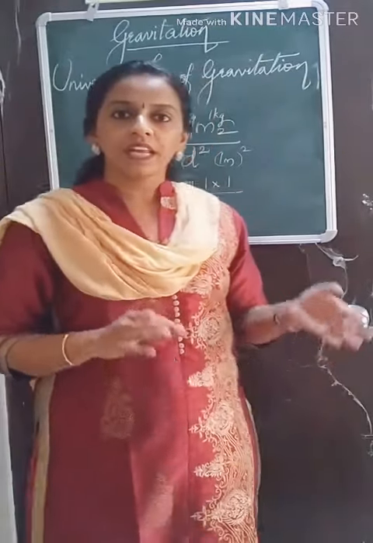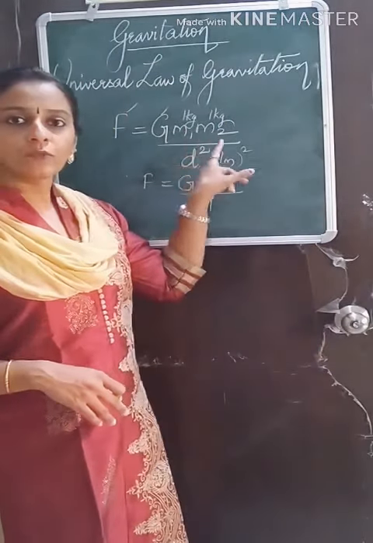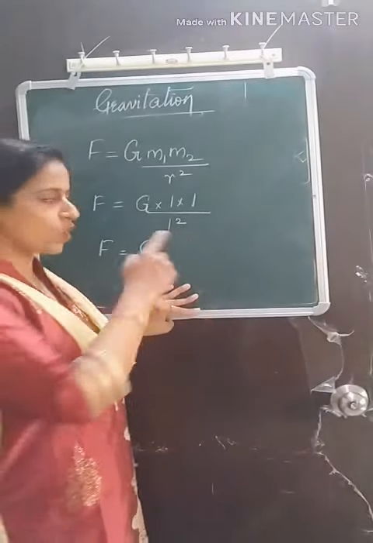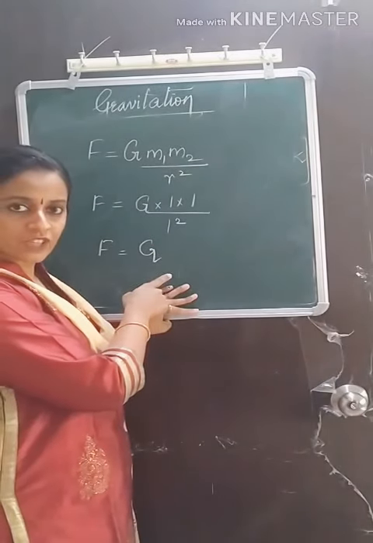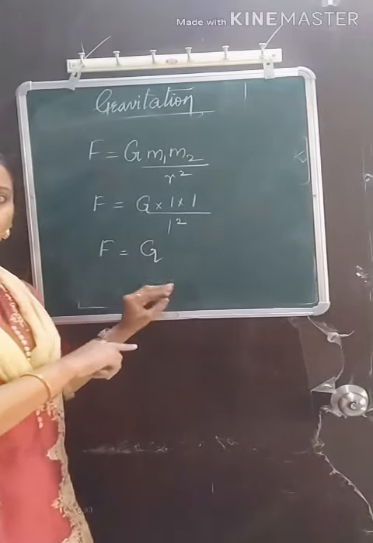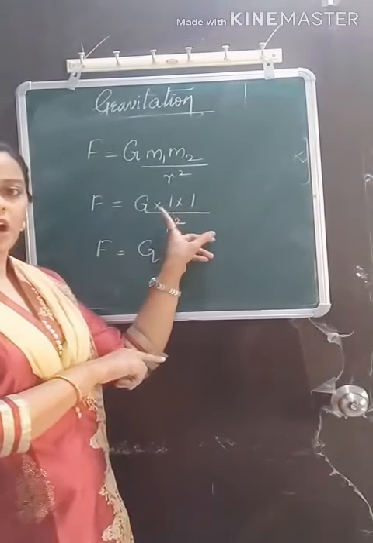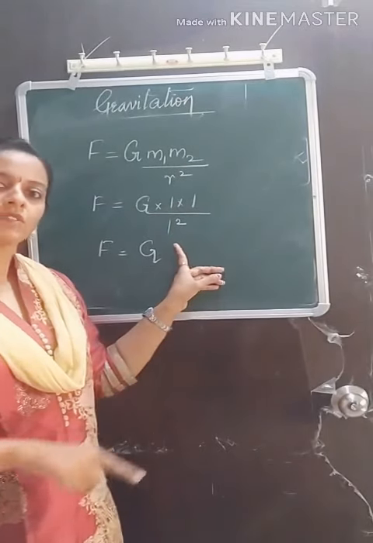It will be equal if the force is acting on two bodies of unit mass kept at unit distance from each other. So we saw that the value of gravitational constant G is equal to the force if the objects are of unit mass and the distance between them is unit.